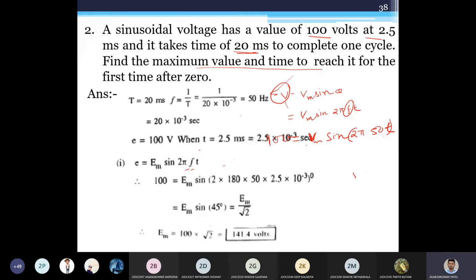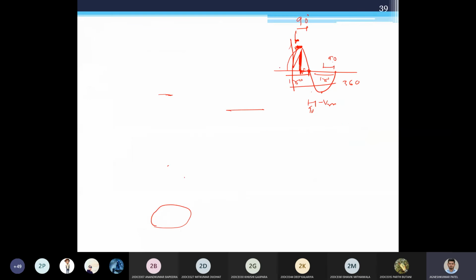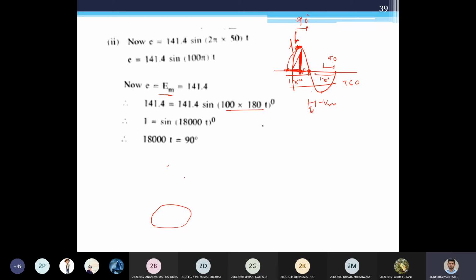Find the maximum value and time to reach it for the first time after 0. So after 0, when it reaches a maximum value, so this was my 0, and after what time will it take to reach maximum? What we have done is directly put 180 into t, this is the term that we use. Why? Because of 100 pi.